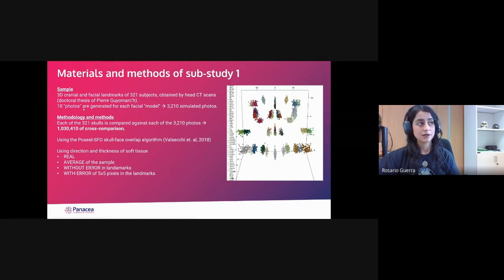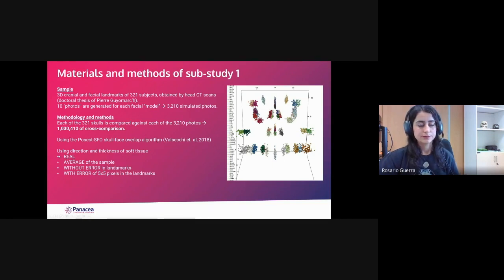Then we placed 29 landmarks, which are plotted here as landmark pairs, and we used the POSEST skull-face overlay algorithm to carry out the overlays, and then checked how the ranking tool ranks them.